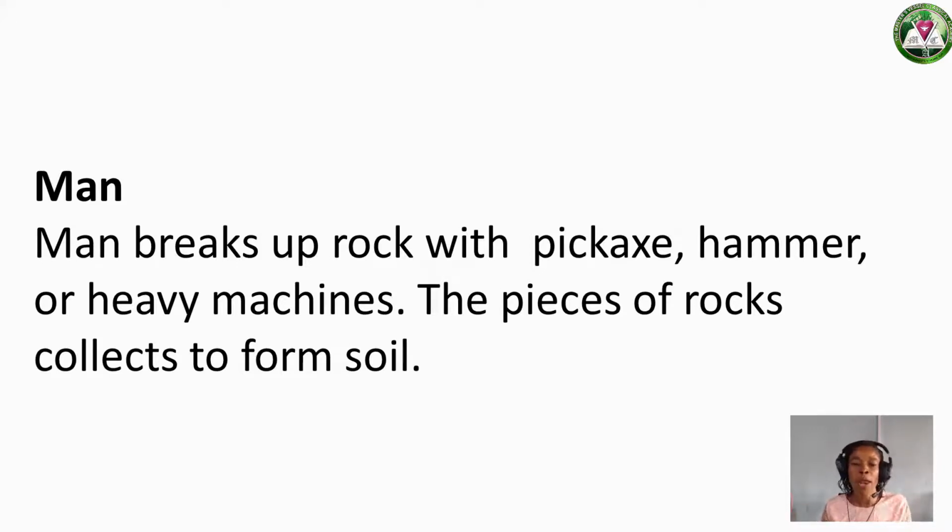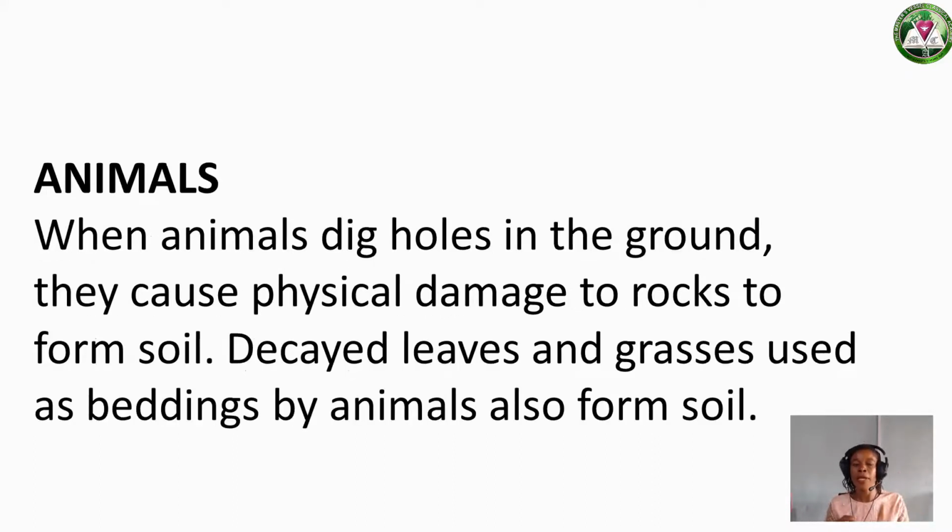When they are collected together or when they join together, they will form what? Soil. That is how man plays a role in the formation of soil. When man breaks down rocks using any of their instruments, the pieces that fall from the rock will come together to form what? Soil.